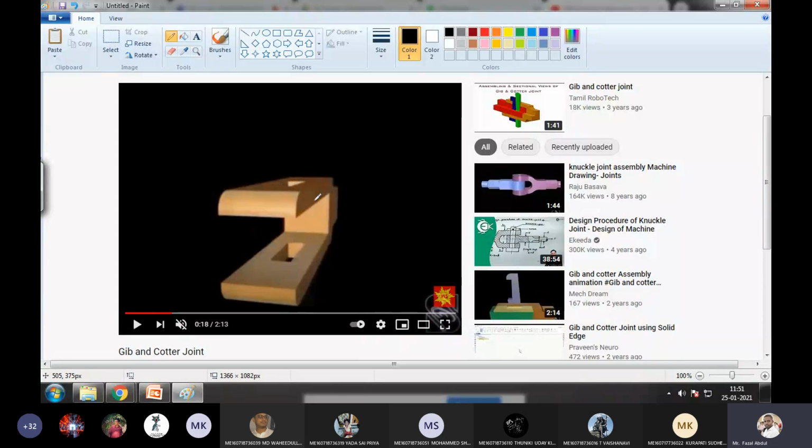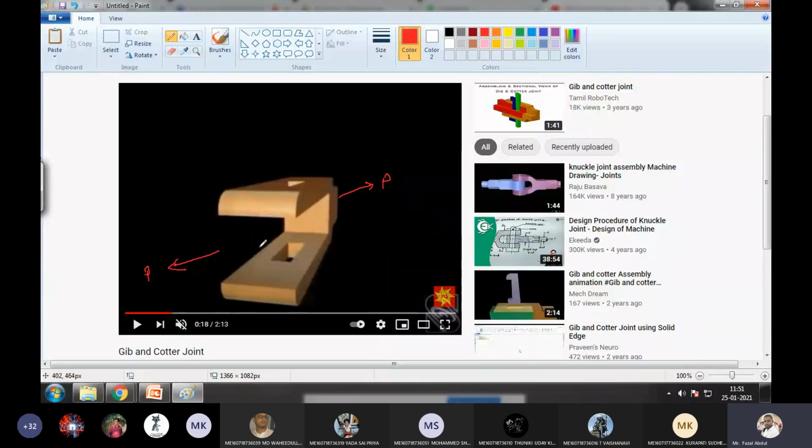So if it fails in tension because of application of load, here it is subjected to load P, and from this end for the rod it is applying the load. So if it fails in tension, at this slotted portion it is going to be the weakest portion.